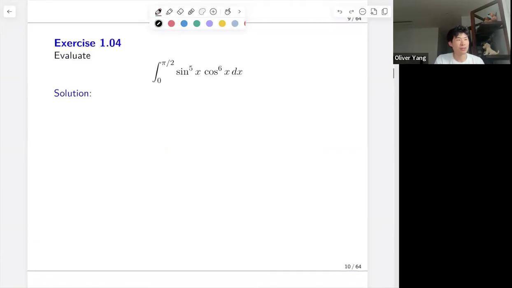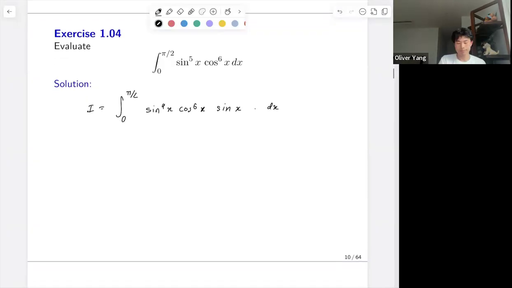So we can split our integral. We can rewrite it as the integral from 0 to pi on 2 of sine 4x cos 6x sine x dx. We're just taking a sine out. And so we can see that sine 4x is equal to 1 minus cos squared x, squared, using our trig identity in our formula sheet.